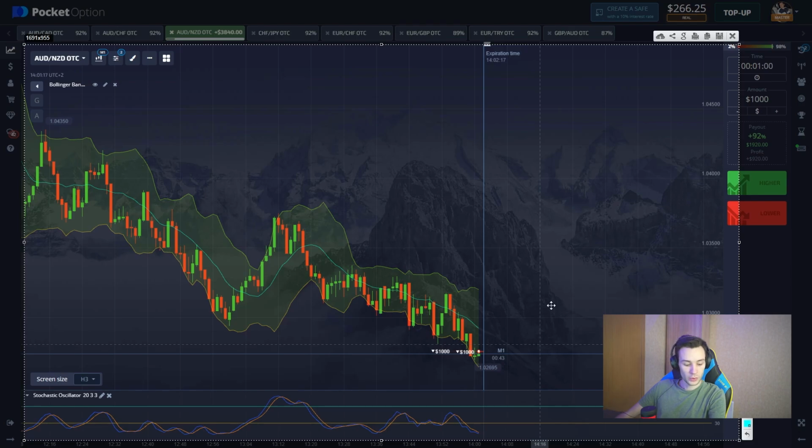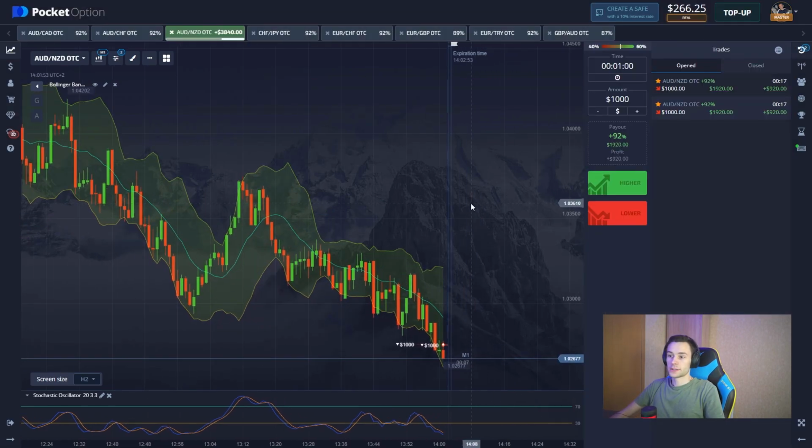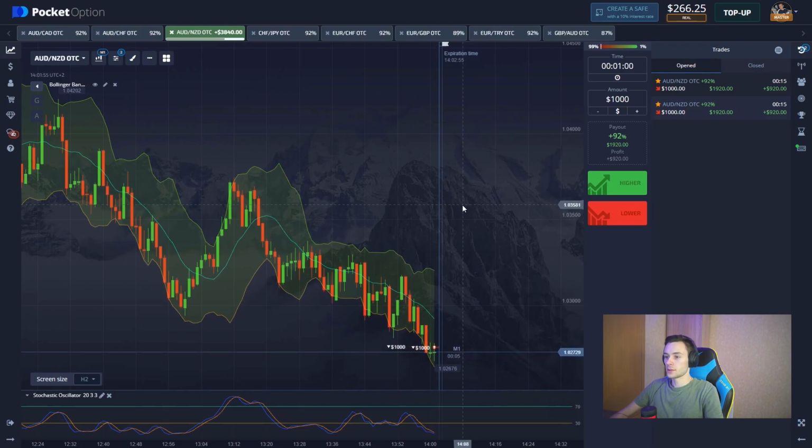Here we see the pullback, but it should be over by now considering the shadow, and that's why we opened the short. The price dynamics is more downward, and it should go lower, and yep, this is exactly what is happening, and that's why we opened the short position.